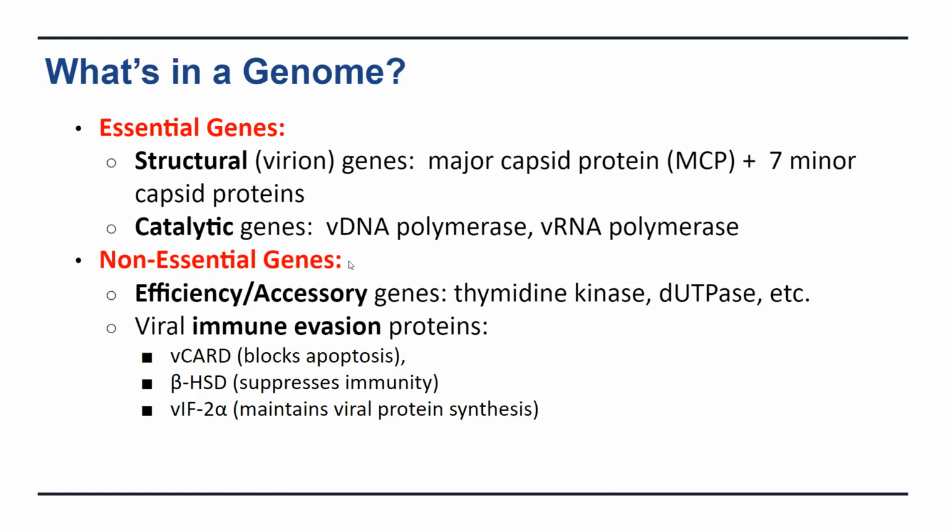There's a second category of genes that I've termed non-essential genes, and that's a bit of a misnomer, and I'll tell you why in a minute. So the non-essential genes fall into two categories: efficiency accessory genes and immune evasion genes. If you look at the first category, these accessory genes are genes like thymidine kinase, dUTPase, and a variety of others that are involved in nucleotide metabolism. In a normal healthy cell that's actively growing, you could knock these genes out and the virus replicates just fine.